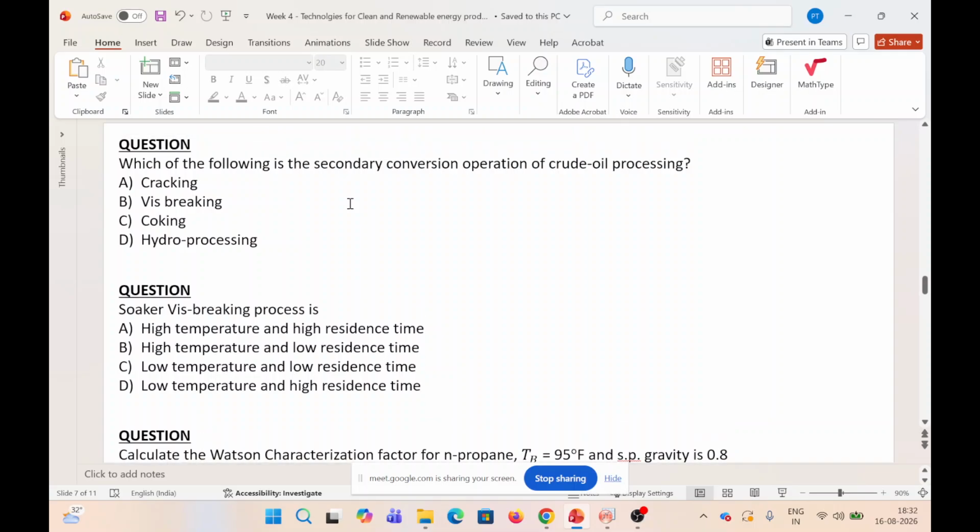Which of the following is the secondary conversion operation of crude oil processing? Is it cracking, visbreaking, coking, or hydroprocessing?